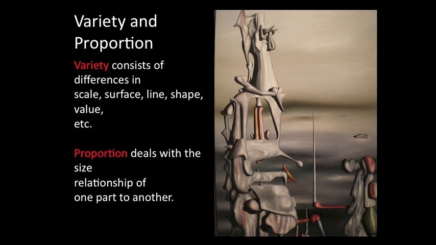Proportion actually deals with the size relationship of one part to another. So in this image by Yves Tanguy, he's put in a variety of different shapes and a variety of different sizes to help us with the unity of the composition.